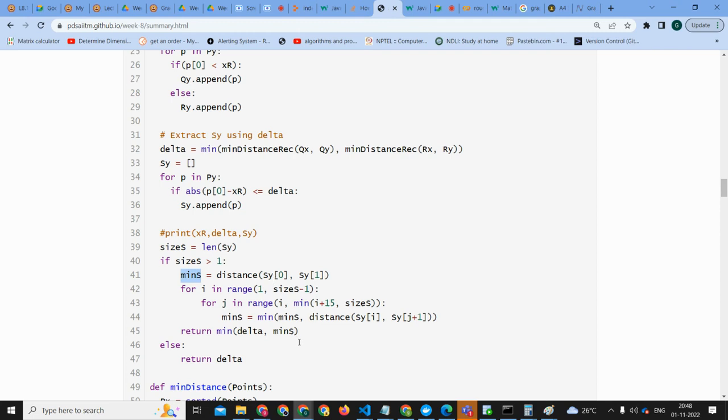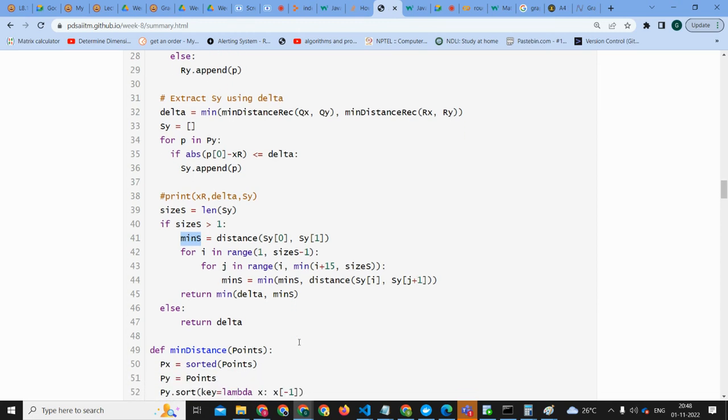Actually, we are calculating the minimum distance of the strip region and then comparing with delta. If delta is minimum, we return delta. If min s is minimum, we return min s, and that will be the next delta for the recursion.